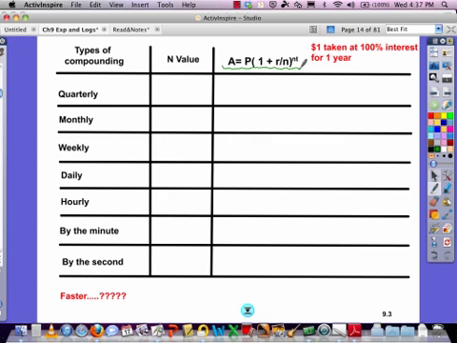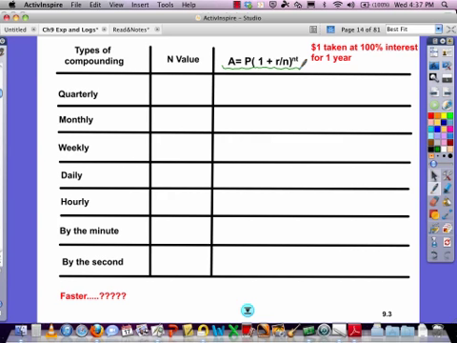Now, if we do something very simple, and this is where I want you to look, we're going to do this in class and show where the numbers come from, but we're only going to take $1. And we'll give you 100% interest, 100% return on your money, which banks do not do at all.